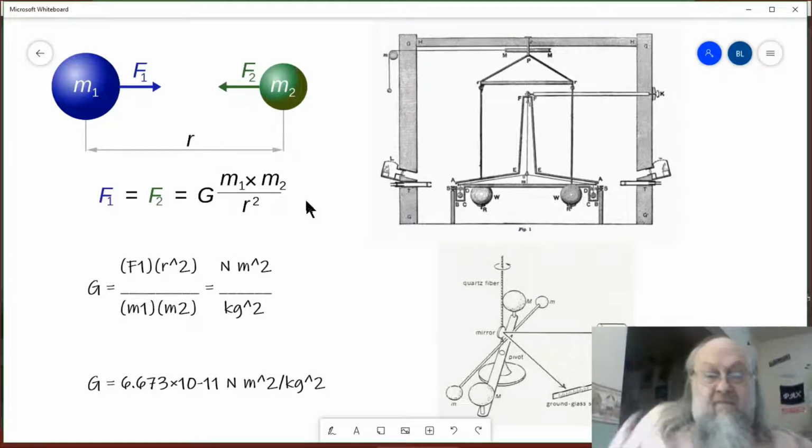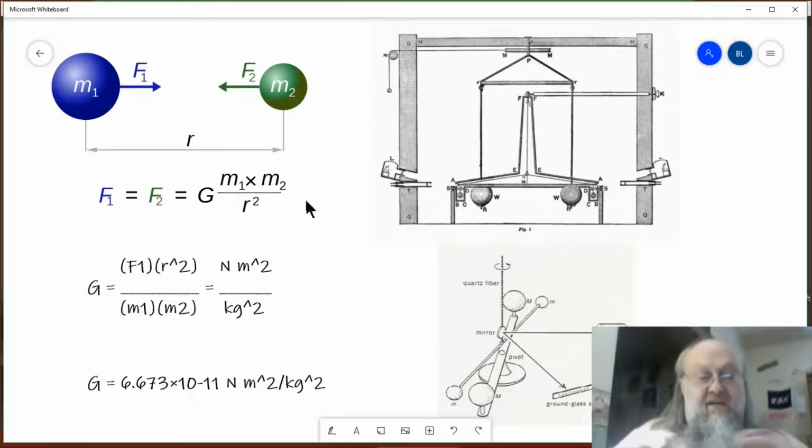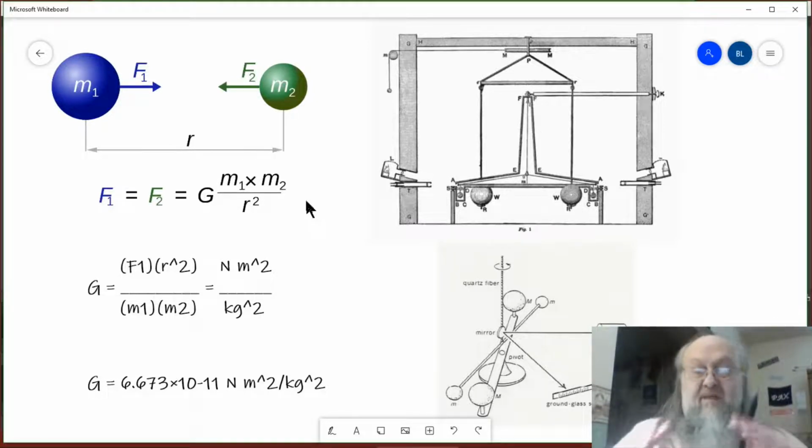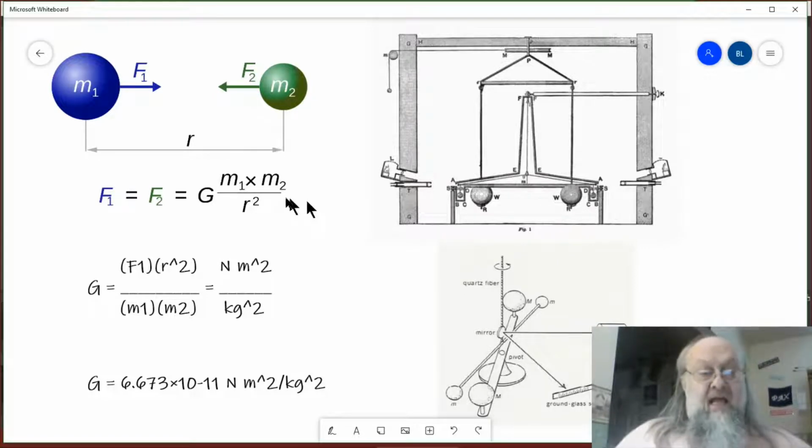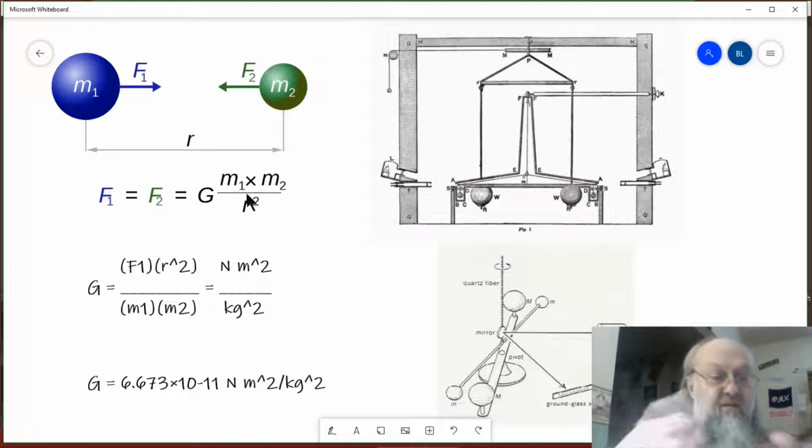And I know your teachers have mentioned, and I've mentioned, units are really important. A lot of times people don't get used to checking their units, but you really need to. So here you have kilogram meters per second squared, and here you have kilogram squared per meter squared. Two different units. So how do we get them to match up?